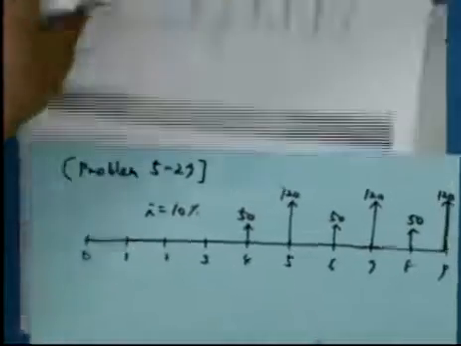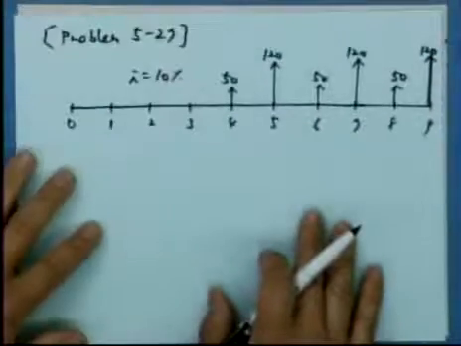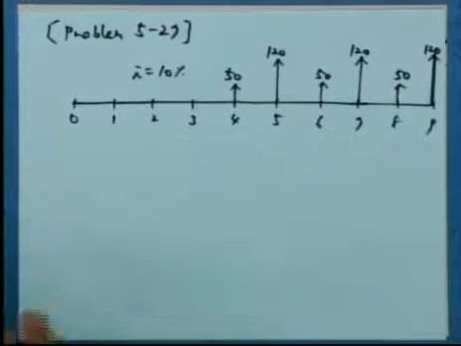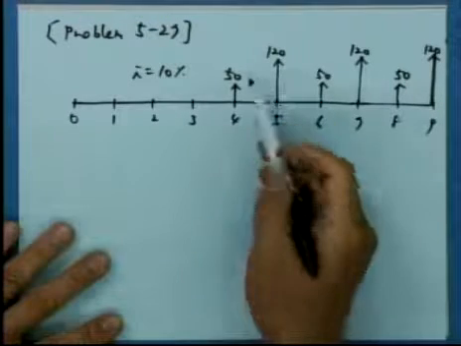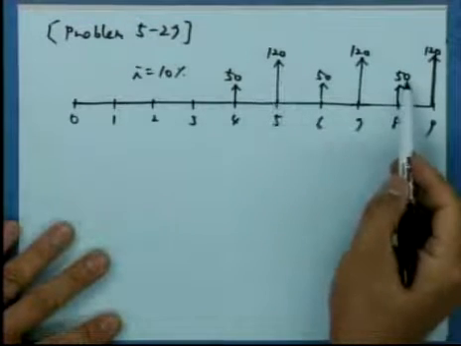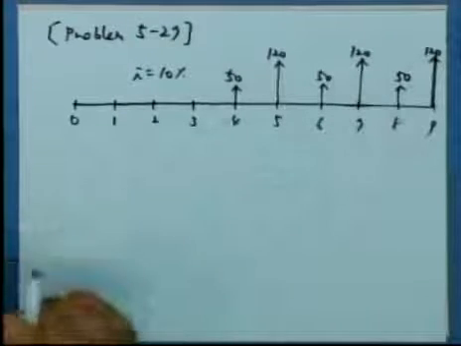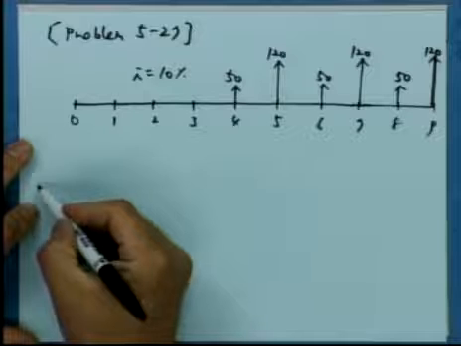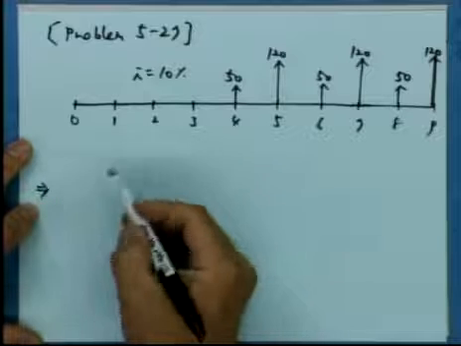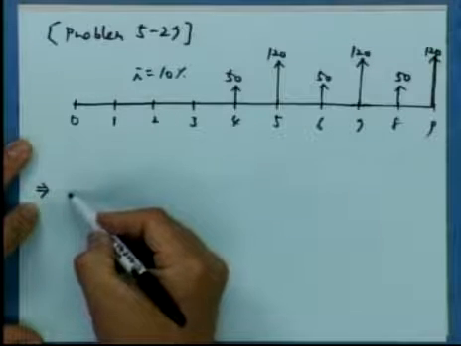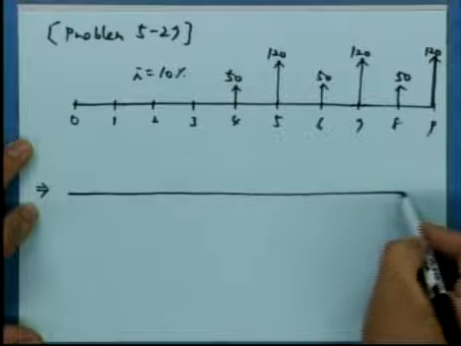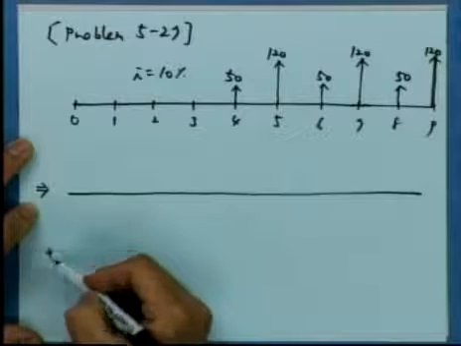Okay? So we have 3 50s and 3 120s, right? And this cash flow diagram can be broken into these two components.